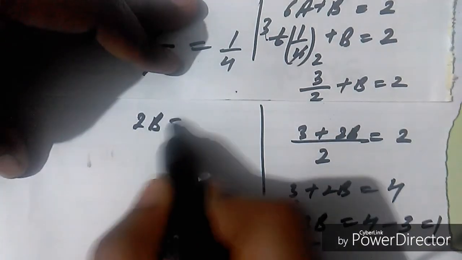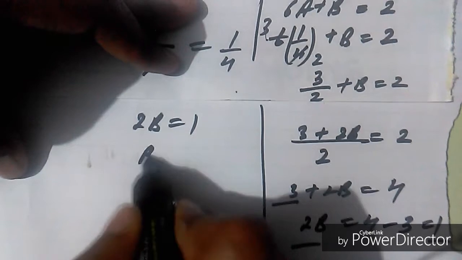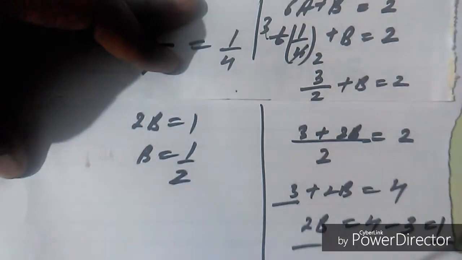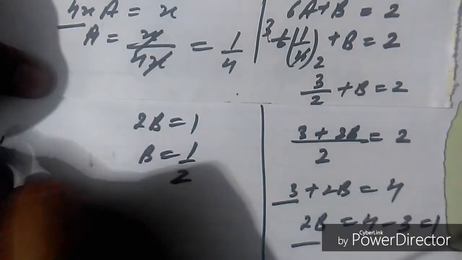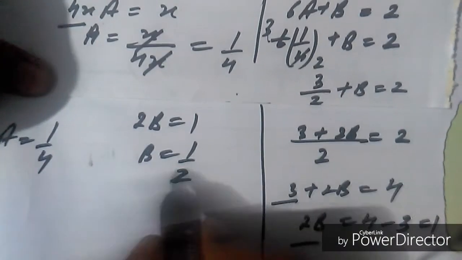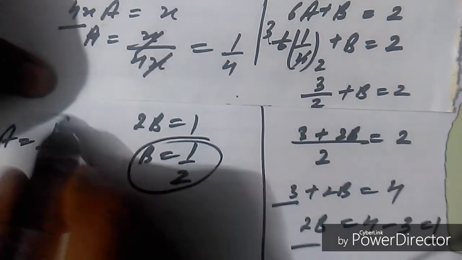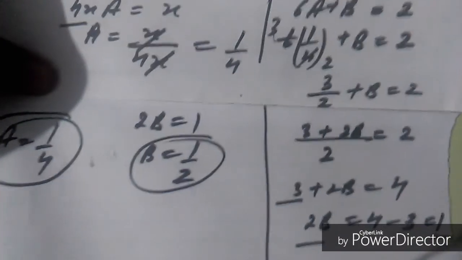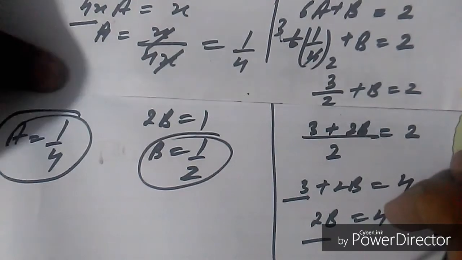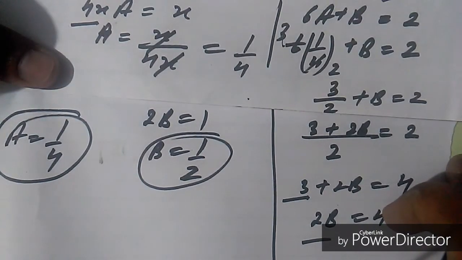Then the value of b is found: 2b is equal to 1, and the value of b is equal to 1 by 2. Now we have the value of a equal to 1 by 4, and the value of b equal to 1 by 2. Okay friends, now we put both values in the equation.